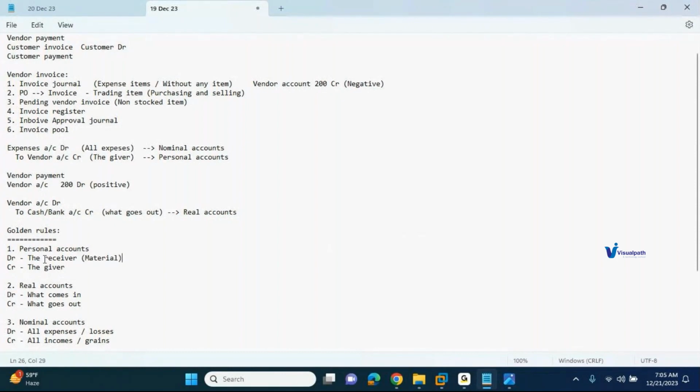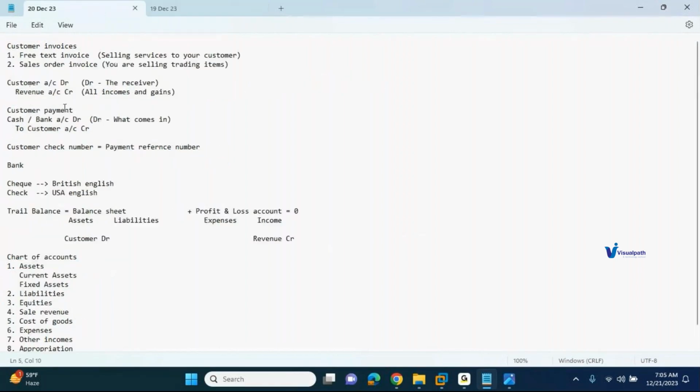The material receiver: who is receiving? Customer. Here, the material giver, this vendor is giving to us. So that is the reason vendor account credit at the time of invoice. The giver here, the receiver here, so customer account.